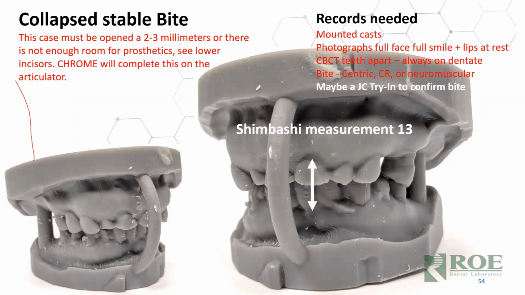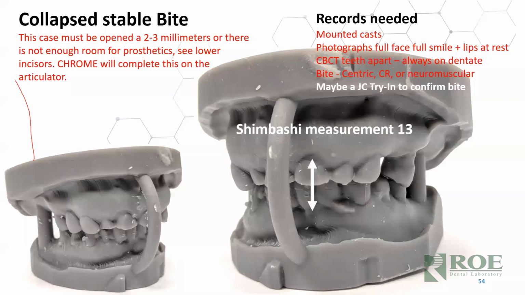This is a case where the patient has pretty stable occlusion, but in a Shimbashi measurement, we agreed with the doctor that the patient only has 13 millimeters. So the patient is going to be opened up 2, 3, maybe 4 millimeters, through a discussion. We will open it up on the articulator. We'll send out this try-in that's equilibrated in the mouth, and I'll show that in just a minute.